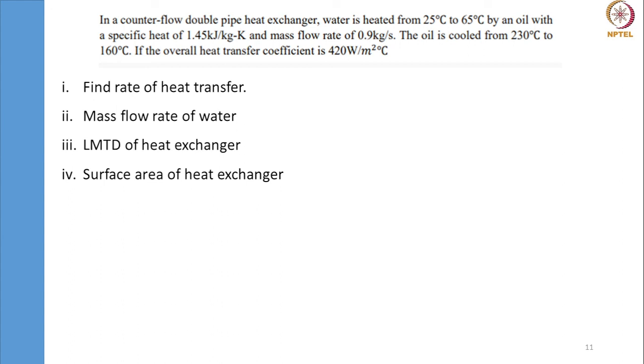We are in a counterflow arrangement. So LMTD is delta T at one end minus delta T at the other end divided by ln of delta T1 by delta T2.